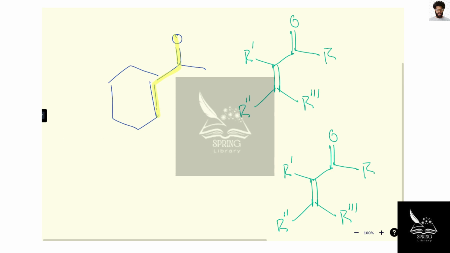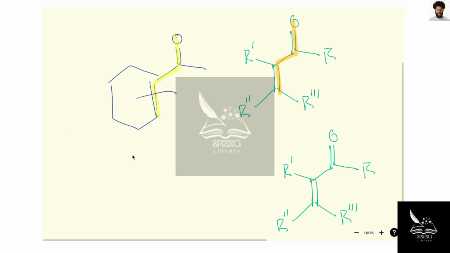Nevertheless, since we see that same pattern in our product in this problem, without even getting too technical, we know how to make it, right? We know that if we can simply disconnect this bond, right?